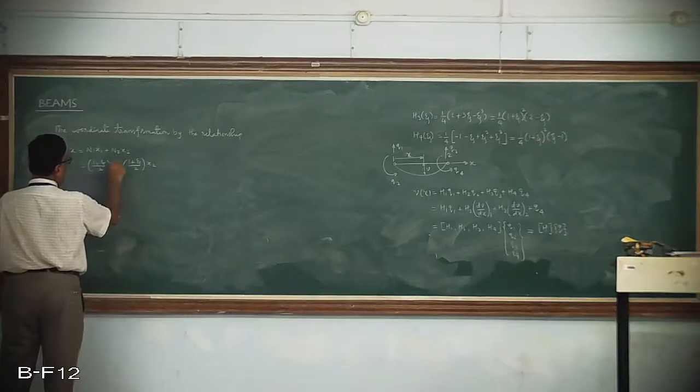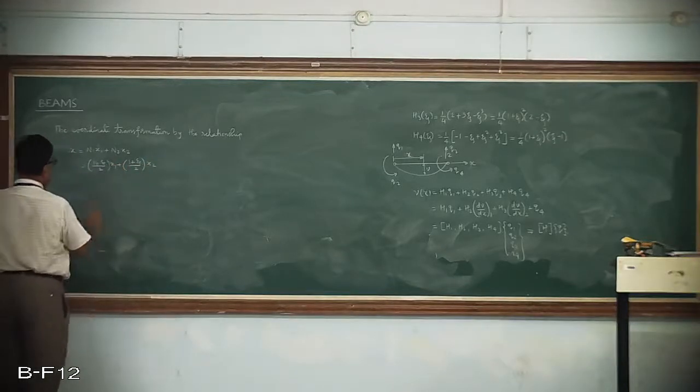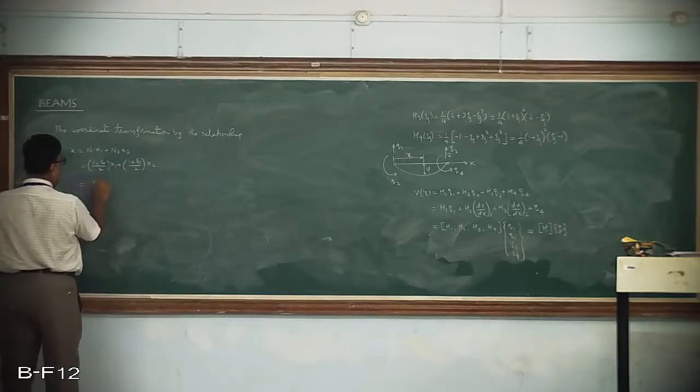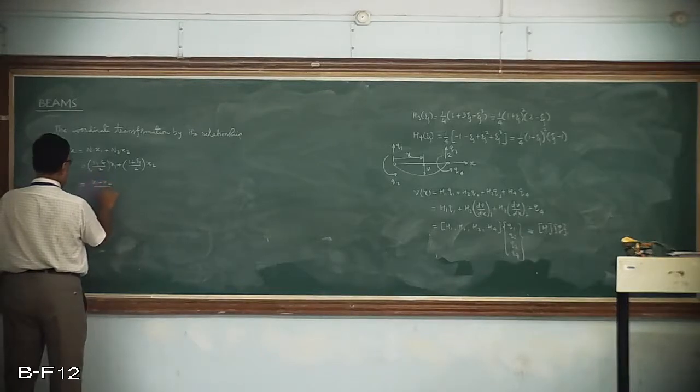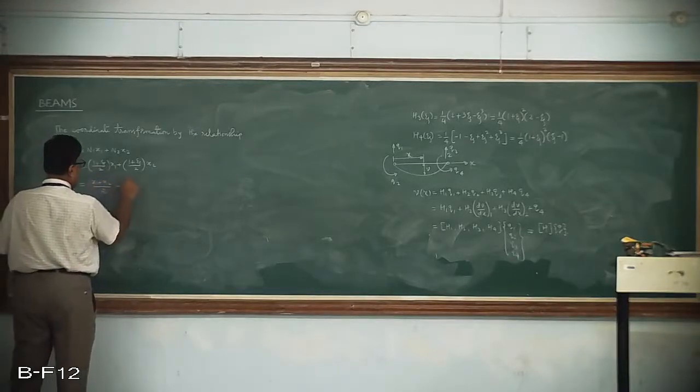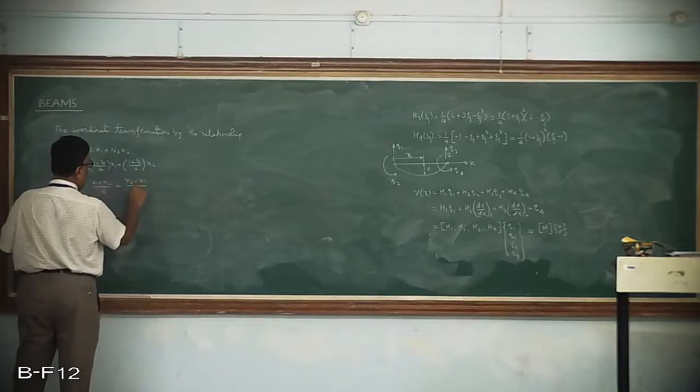This is what you already know. If you simplify this, it is (x1 plus x2) upon 2 plus (x2 minus x1) upon 2 into zeta. This is what you will get.